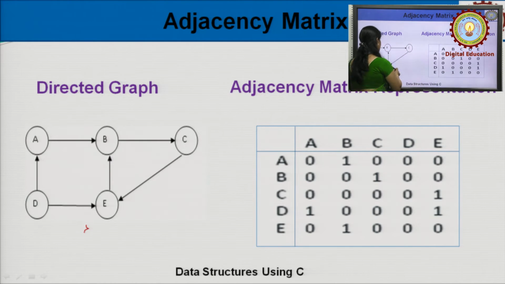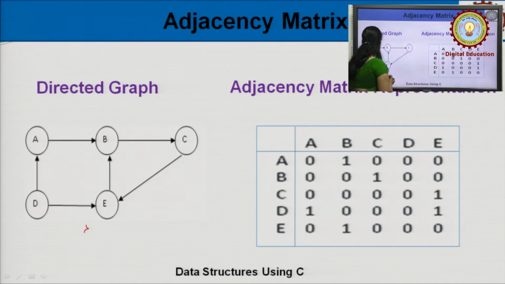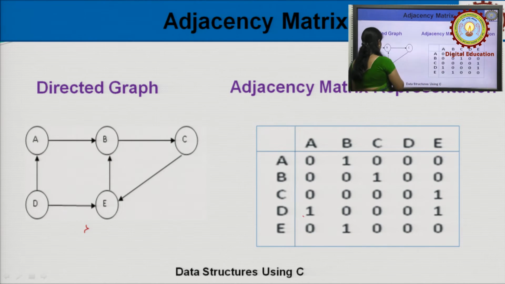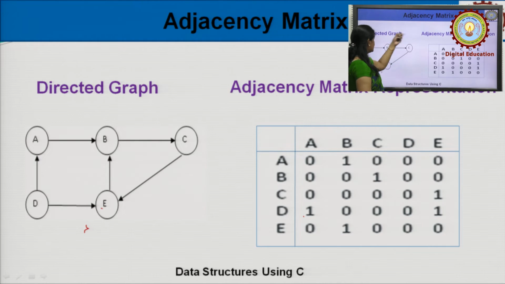C is adjacent to E, so the value is 1, all other entries are 0. D is adjacent to A and E, that is, there are only two edges, D to A and D to E. D to A is 1, D to E is 1. From vertex E to B there is an edge, then E to B the entry is 1. So, this is the representation of the directed graph.